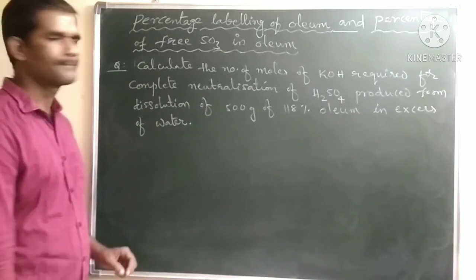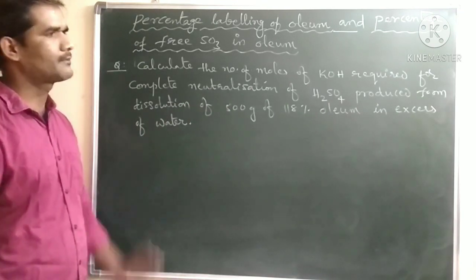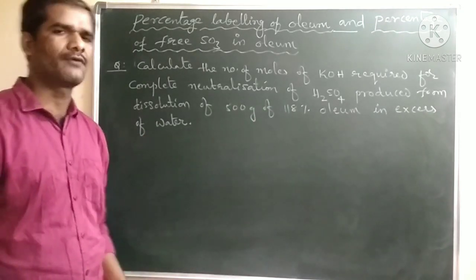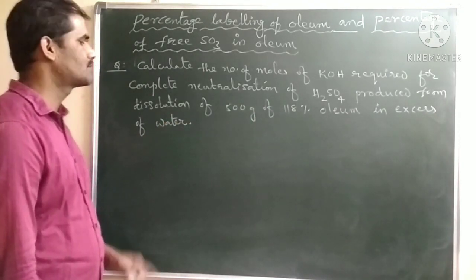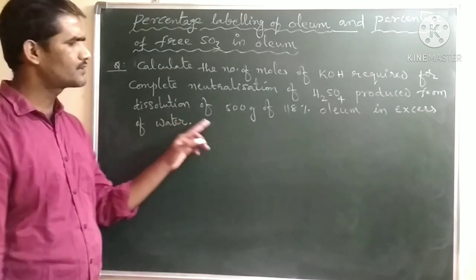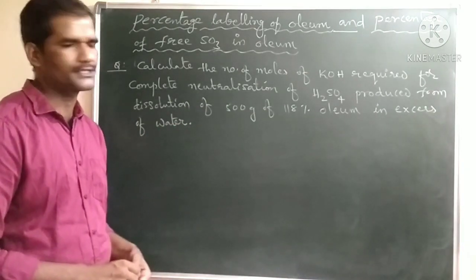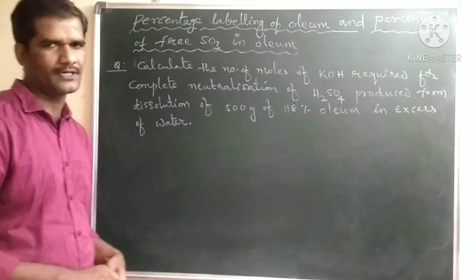Question is a little lengthy. Anyhow, calculate the number of moles of potassium hydroxide required for complete neutralization of H2SO4 produced from the dissolution of 500 grams of 118% oleum in excess of water.